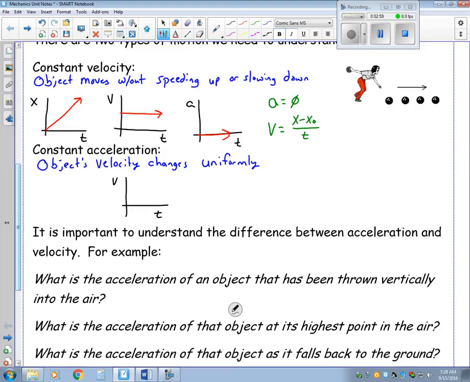So if the velocity is changing uniformly, I would see some sort of line, some sort of linear relationship. And then if something has a constant acceleration, then we should see a horizontal line on the acceleration graph.